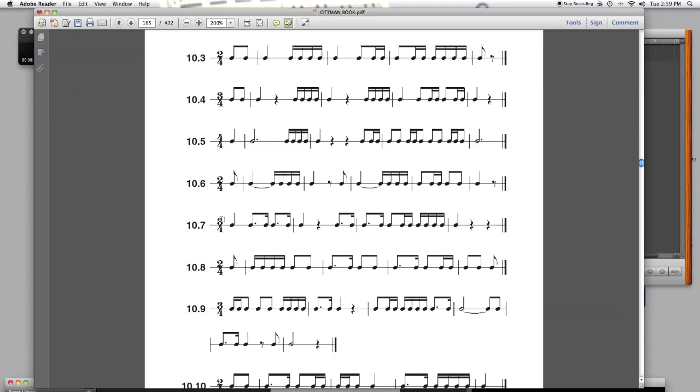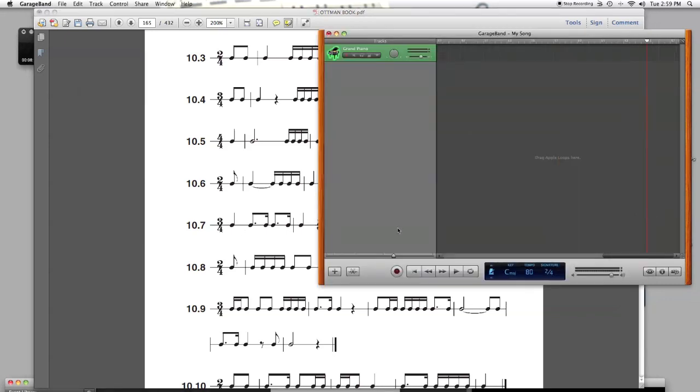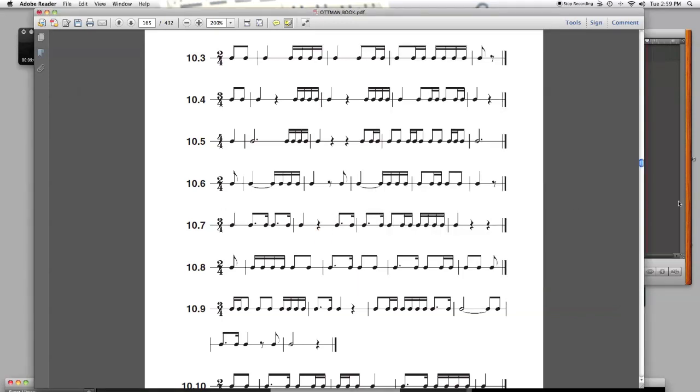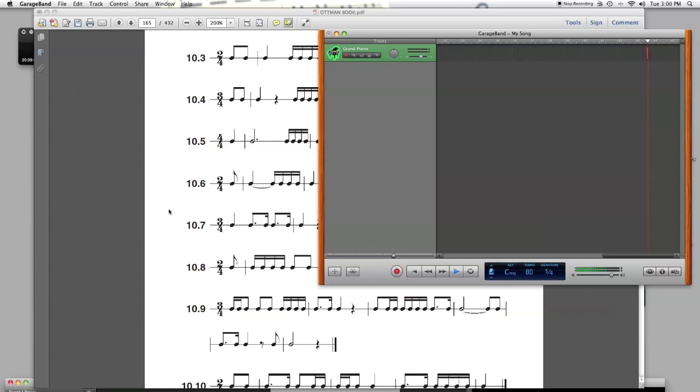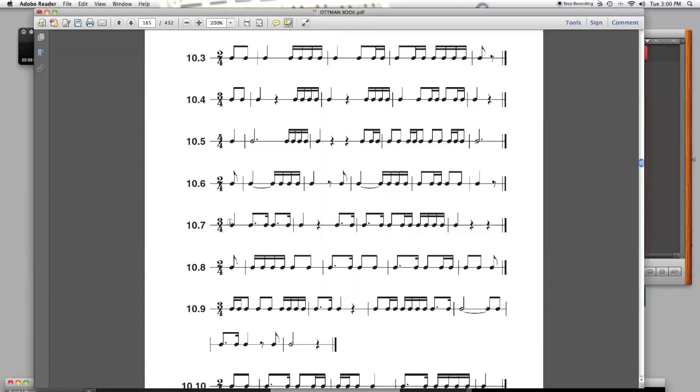Okay, let's try another one with some syncopation. Or why don't we try one of this dotted one here in 3/4, 10.7 I'm looking at here. Change to 3/4. And here we go again. 1, 2, 3. Ta ta ta ta ta ta ta ta ta ta ta ta ta ta ta ta ta.